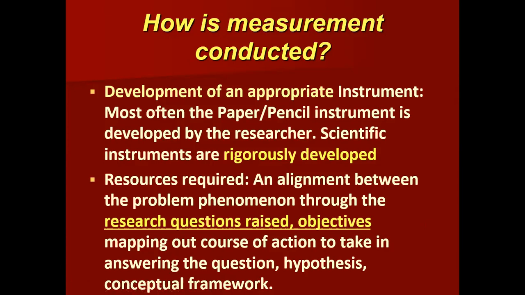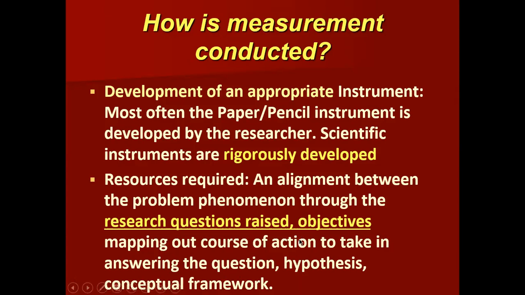Because if the instrument is not well aligned with the problem phenomenon, the research question raised, the objective setting out the course of action to take in answering the research question, the hypothesis, and the conceptual framework, these constitute the thesis of your argument.